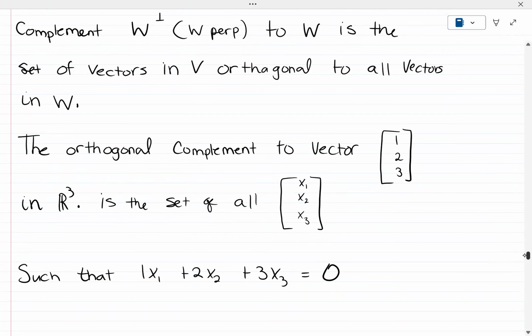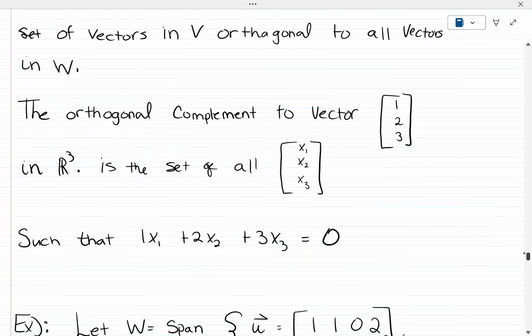The orthogonal complement of the vector (1, 2, 3) in 3D space is the set of all (x1, x2, x3) such that 1x1 plus 2x2 plus 3x3 is equal to 0.